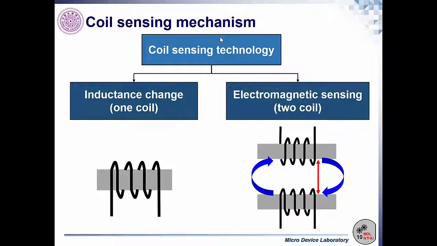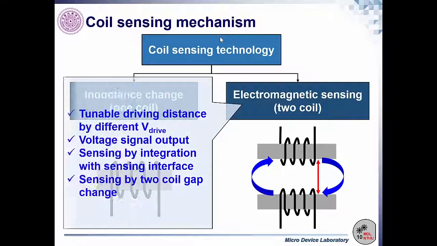Taking a different perspective on coil sensing technology, it can usually be divided into two sensing schemes. The first one is inductance sensing using one coil, which has already been implemented in the previous study. The other one is electromagnetic sensing using two coils, one for excitation and the other for sensing, which has additional advantages like tunable driving distance by different driving voltage, and voltage sense signal output.